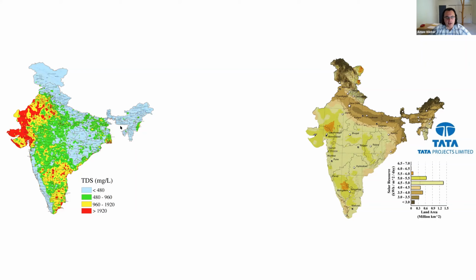And actually, where you have the saltiest water in the country, you have the most solar irradiance. But we learned very quickly that commercial efforts, one by our partner, Tata Projects, to make solar-powered reverse osmosis systems were not successful because they were just too expensive because of the cost of the solar power system.